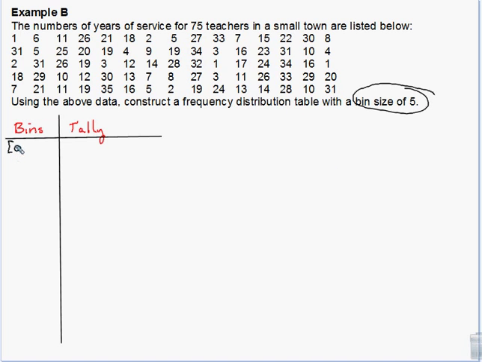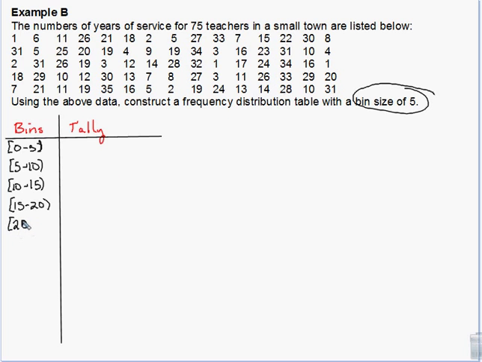So I have 0 to 5, the parenthesis, 5 to 10, 10 to 15, 15 to 20. And then my highest number, yeah, so I have to go up to 40.